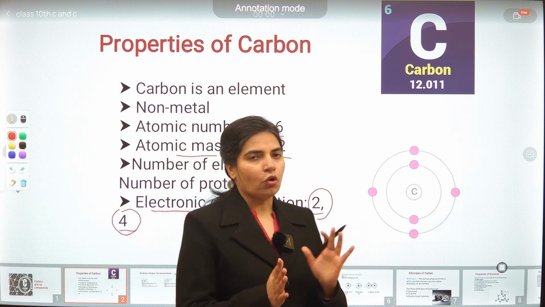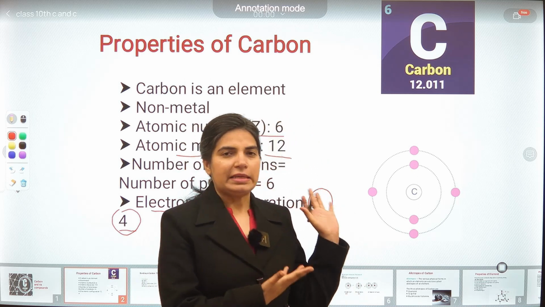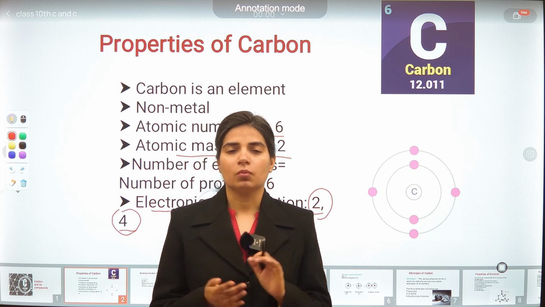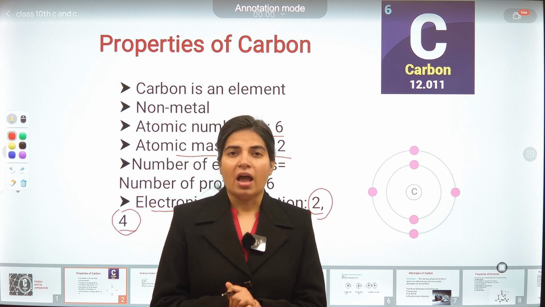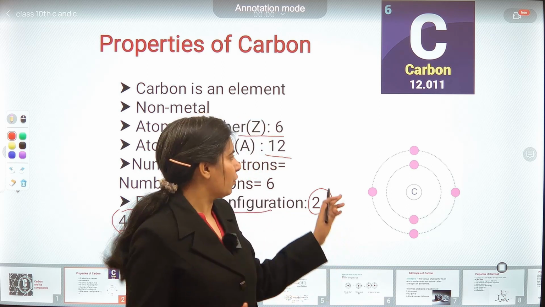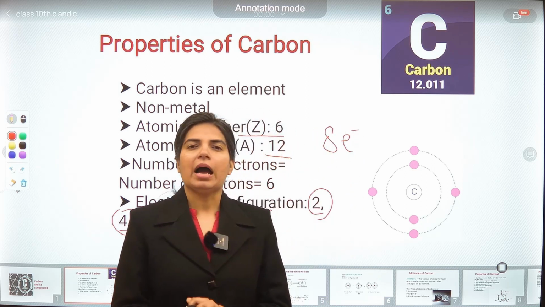So if I talk about the octet, is the octet of carbon complete? The answer is no, because as per octet rule, there should be 8 electrons in the outermost shell.